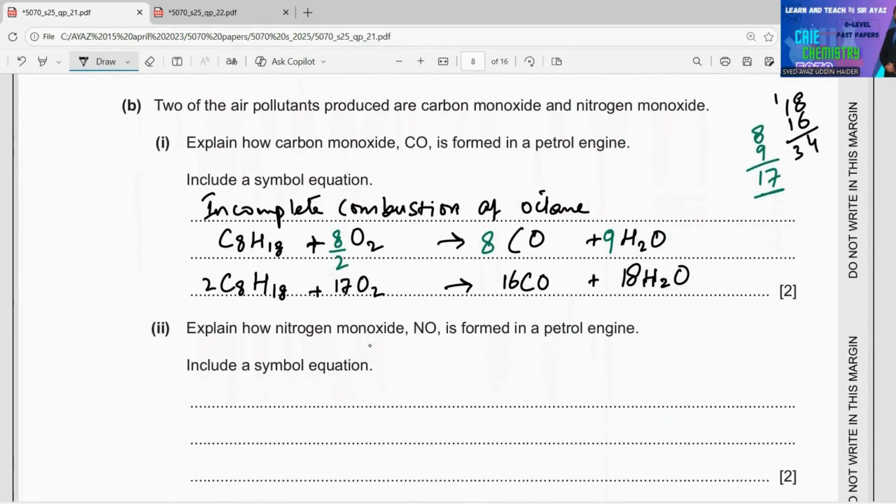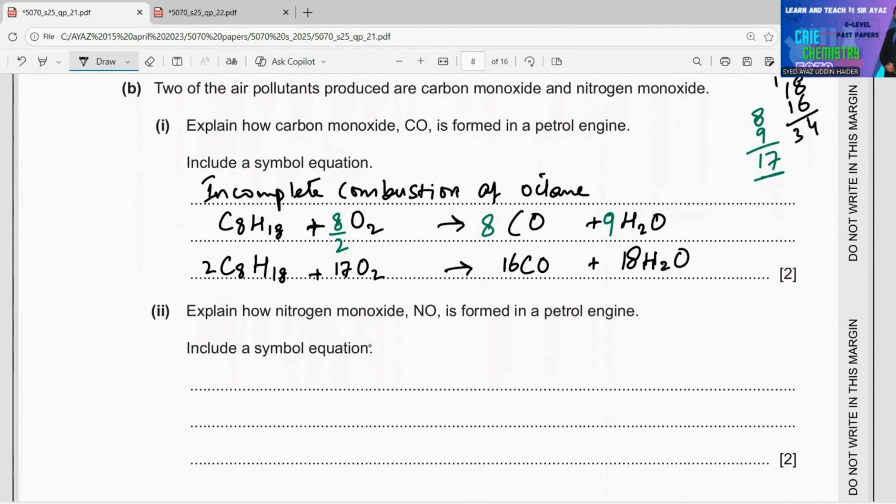Part 2. Explain how nitrogen monoxide NO is formed in a petrol engine. Include a symbol equation. It's produced at high temperature. Oxygen and nitrogen react at high temperature. For high temperature, you can even write spark.